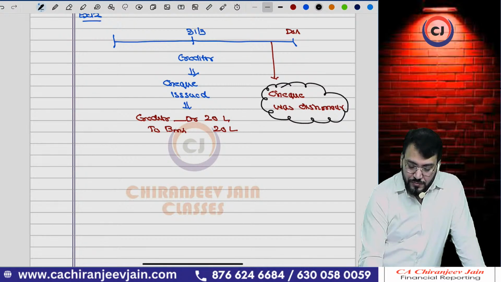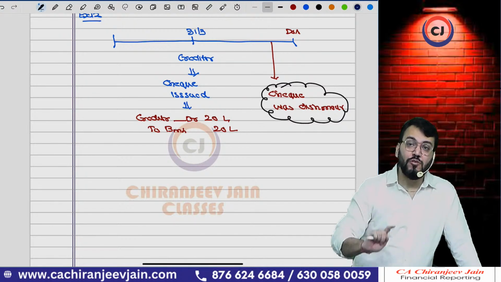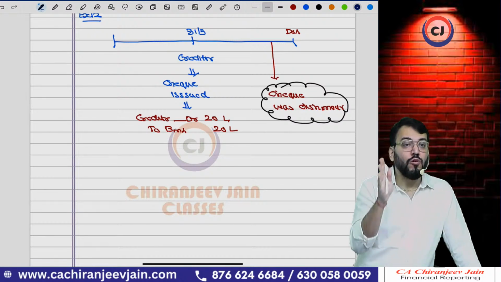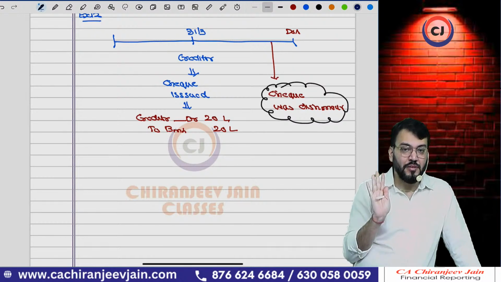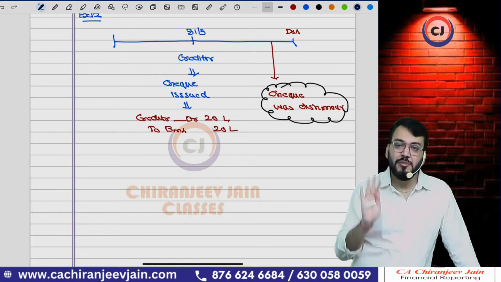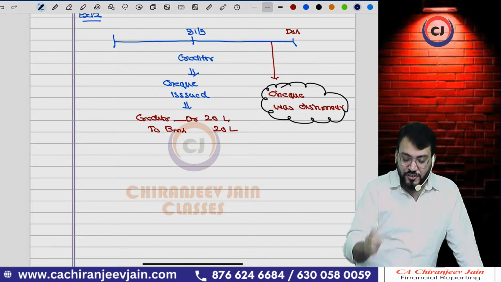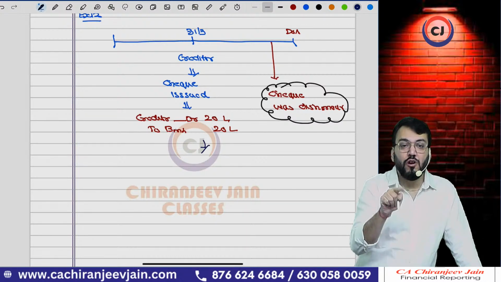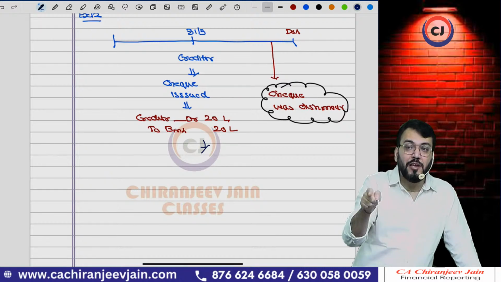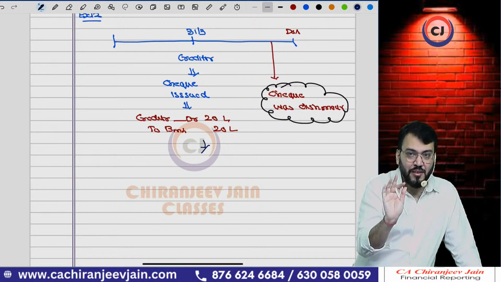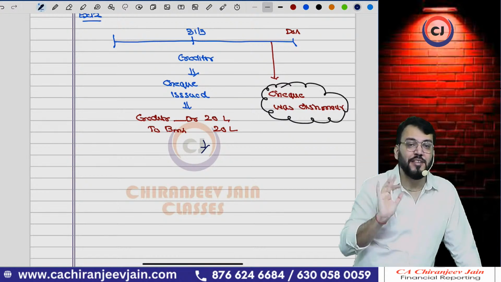Adjusting, non-adjusting? If you are saying adjusting, you are saying reverse the entry. If you are saying non-adjusting, do not do anything on 31st March, and the journal entry of dishonor will be done after 31st March. If you are saying adjusting, then you will do the dishonor entry on 31st March. The dishonor entry will be done, but at which point of time we need to understand.